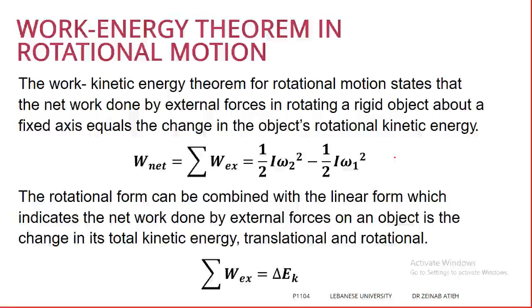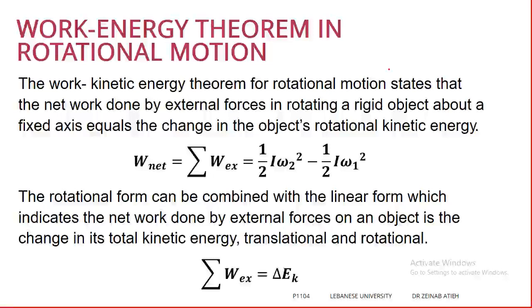The rotational form can be combined with the linear form, which indicates that the net work done by the external forces on an object is the change in its total kinetic energy, the translational one and the rotational one. So if the object is rotating and translating, this formula, work equals delta EK, holds for rotation. It also holds for translation.